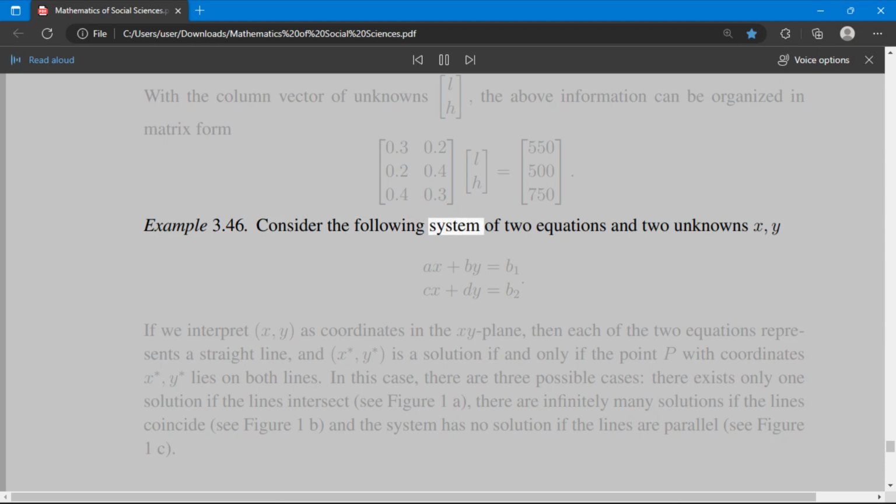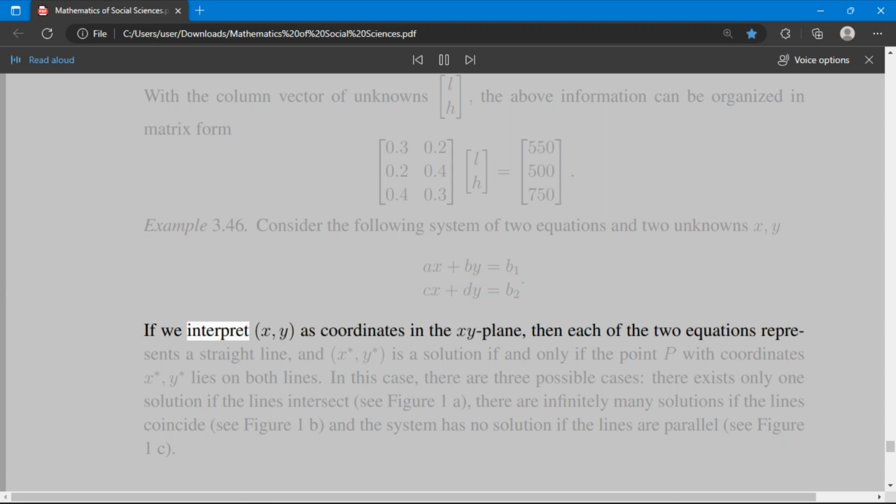Example 3.46. Consider the following system of two equations and two unknowns x, y: ax plus by equals b1, cx plus dy equals b2.